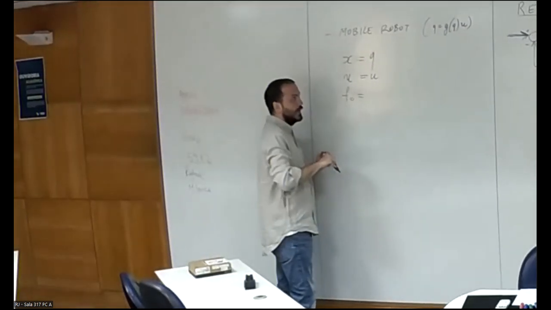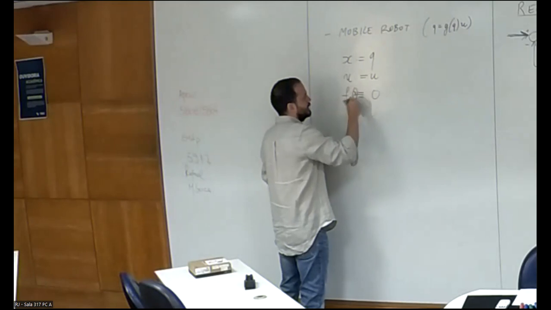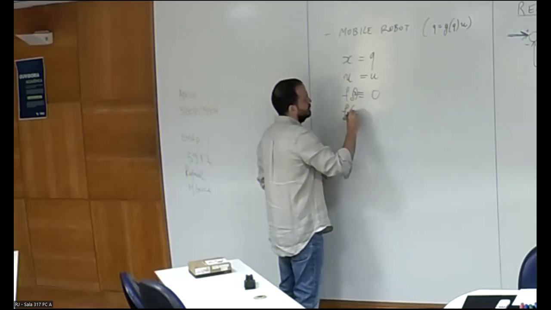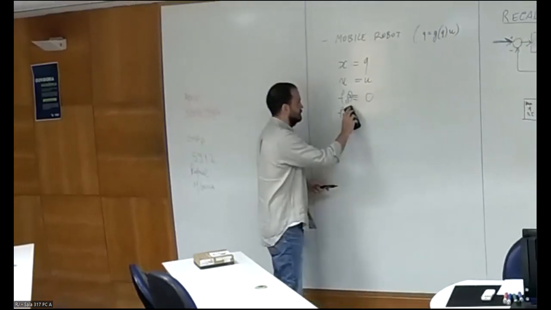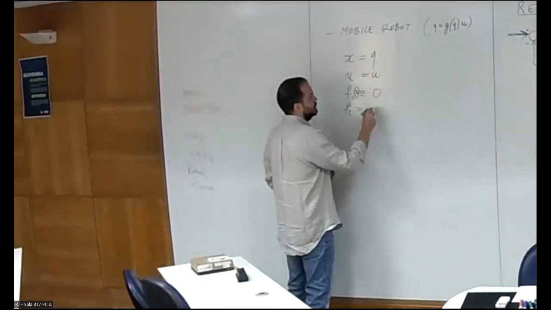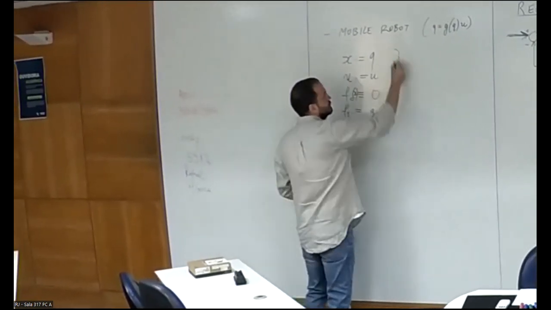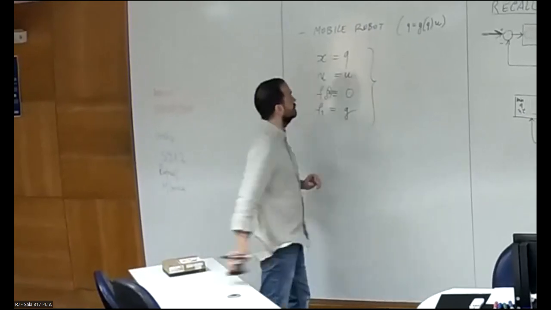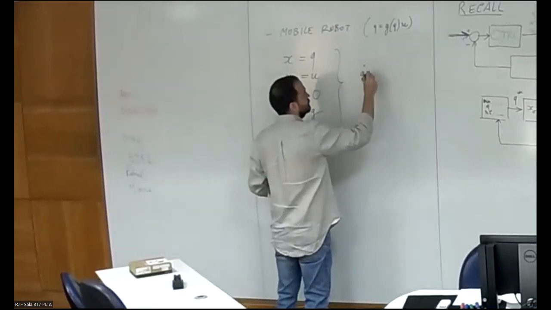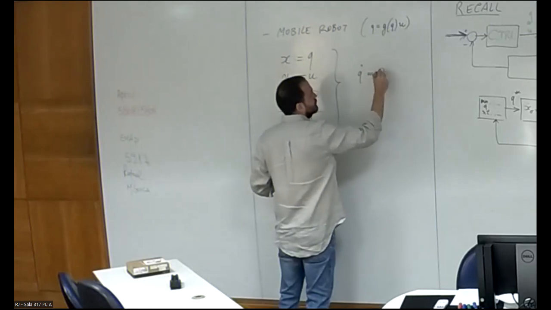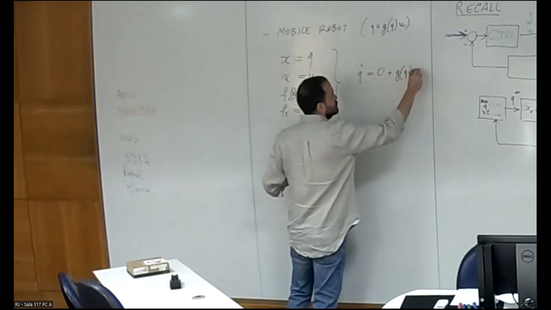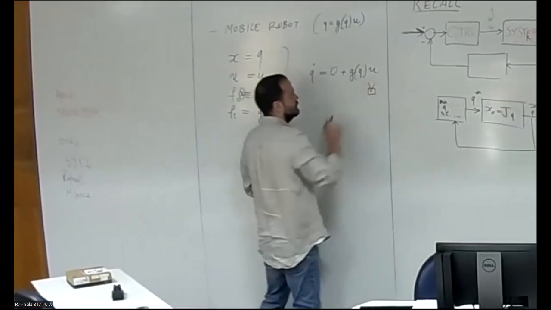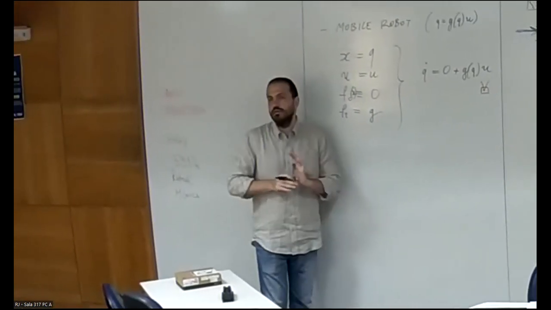F0 again is equal to 0. So f0 of x is always 0 for all x. And f1 is equal to G. With this in place, we have q dot, which is our x dot, equal to 0 plus G of q times u. So this is also easily expressible in this control affine form.